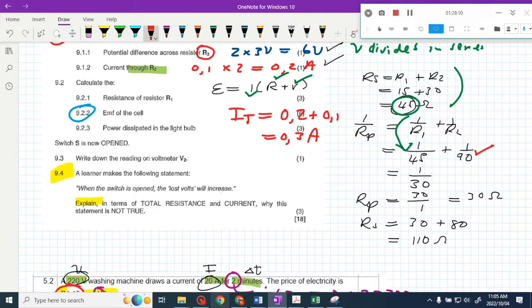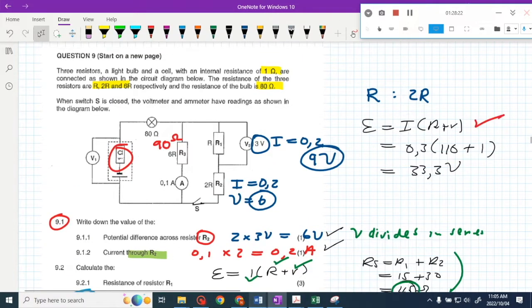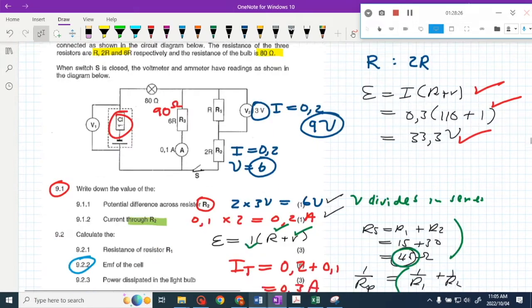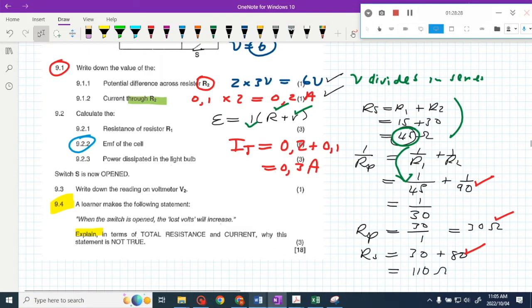They gave a mark for finding the 30. Then they gave a mark for the 30 plus 80, not the final answer. They gave a mark for this formula at the top, this substitution, and that final answer. So there's quite a few things they didn't necessarily award marks for, like how you calculated this, how you calculated that. They didn't give marks for that.